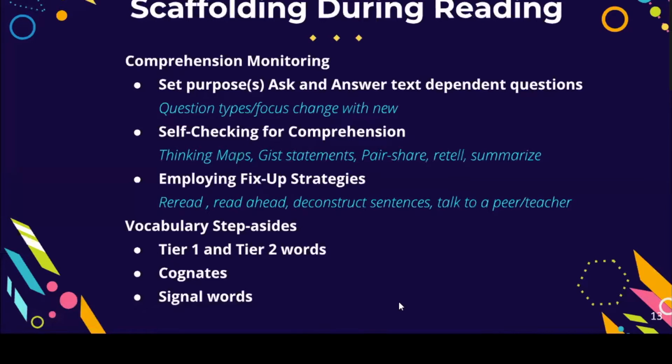This is also an opportunity to explain and define some tier 1 and tier 2 words, and also do some instruction and support with cognates if you have students that are English learners, and to focus on the signal words that relate back to the type of text that the students are reading. For example, this one, because it's told over time, you have a lot of words that they might see in a narrative that show how time has passed.